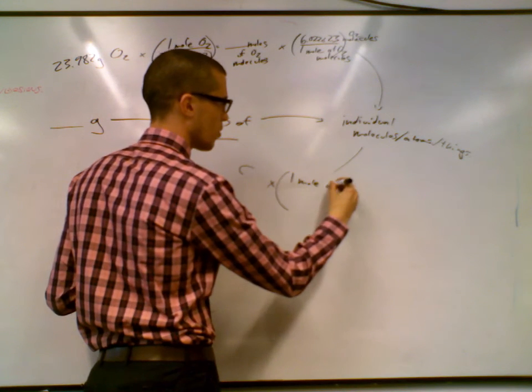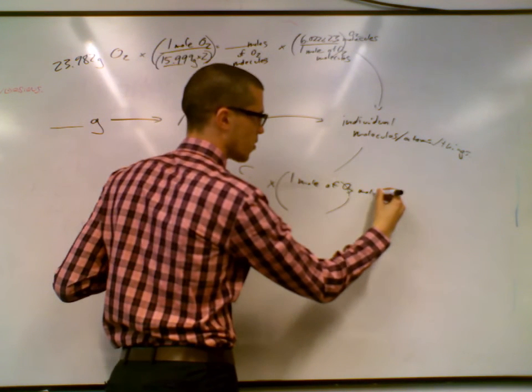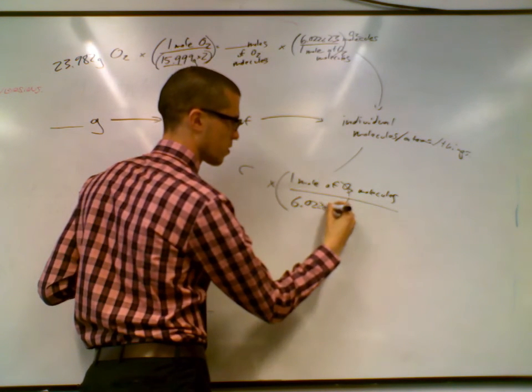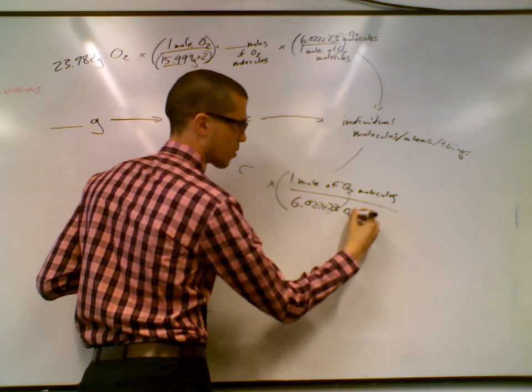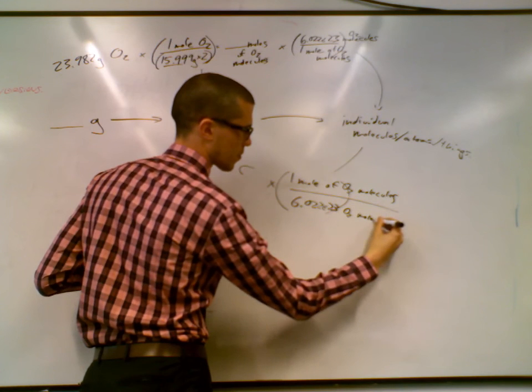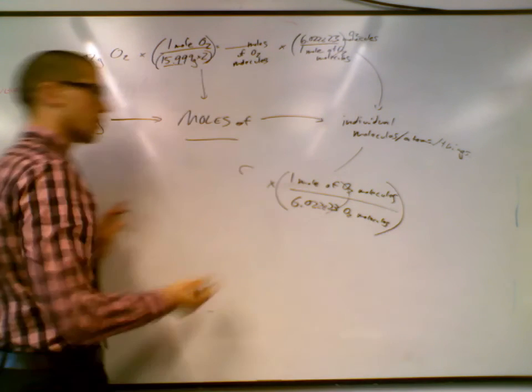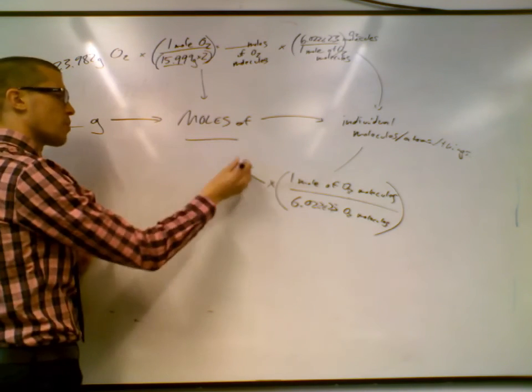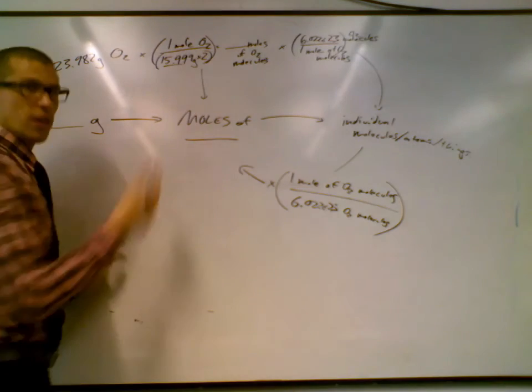So it'd be 1 mole of O2 molecules over 6.022 times 10 to the 23rd O2 molecules. Good. Okay. That's it. And that would get you back over here to moles of oxygen molecules.